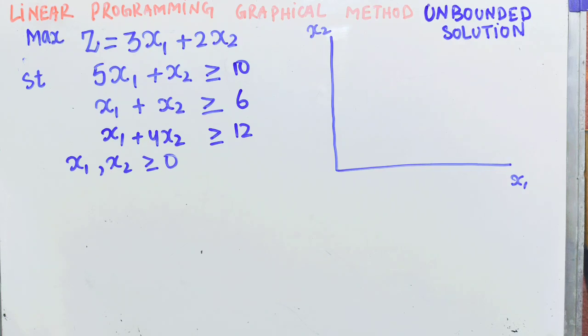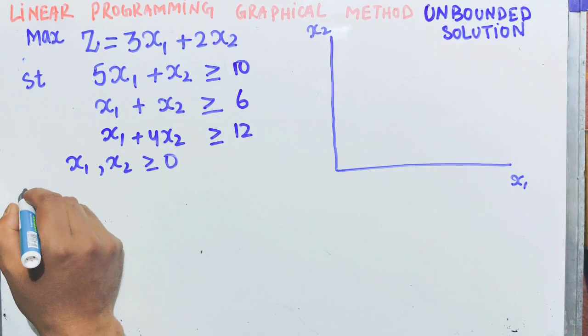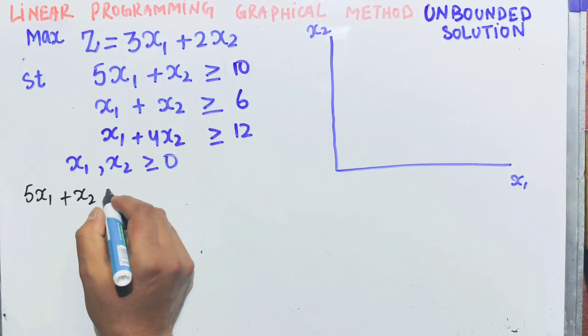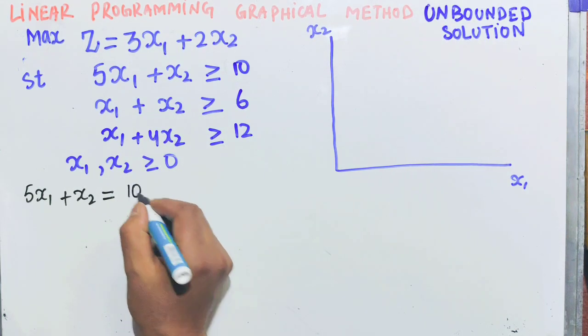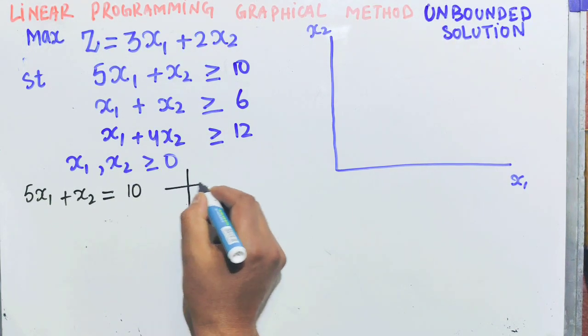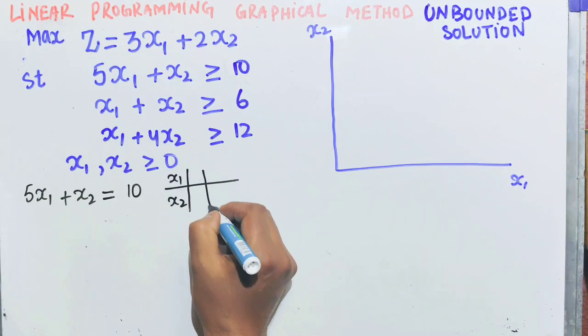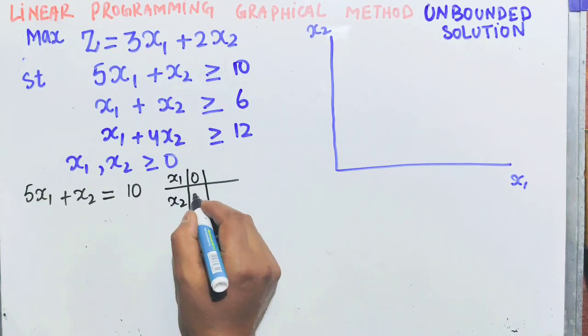Okay, so let us see. So let us take these one by one. So first we have 5x1 plus x2. Let us replace the inequality with equality to solve this. So we have x1, x2. When x1 is equal to 0, x2 will be 10.